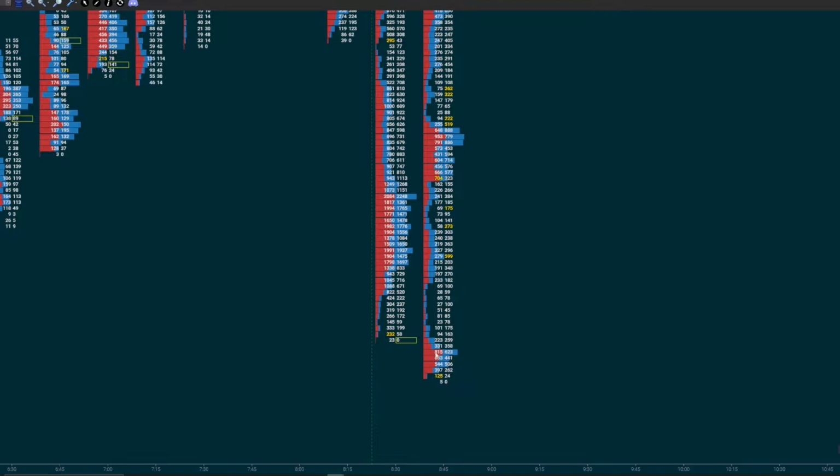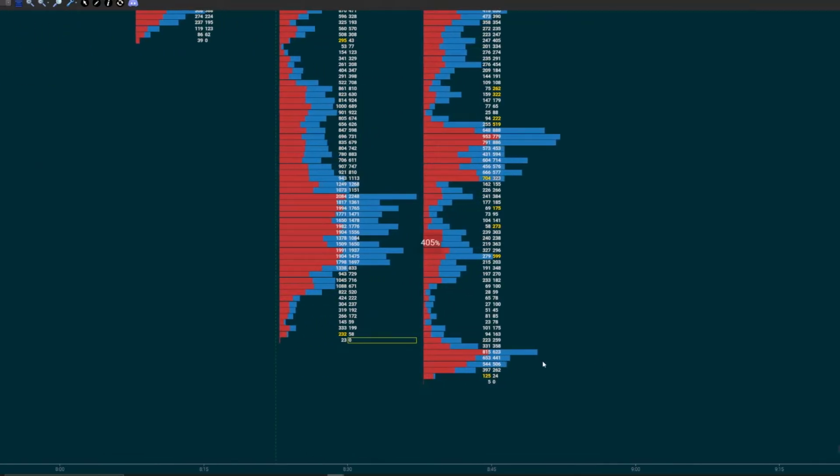These are pretty balanced, right? Look at the numbers: 8 to 3, 6 to 6, 5 to 4, 400 basically to 500. It's pretty balanced in a way. So I cannot make any, there's no edge.